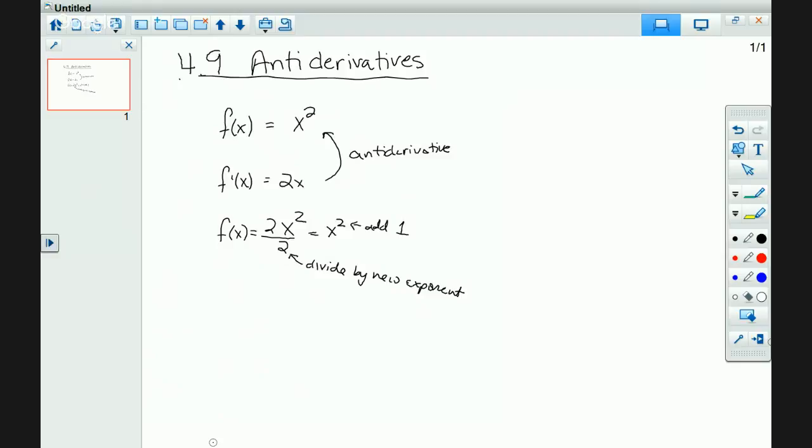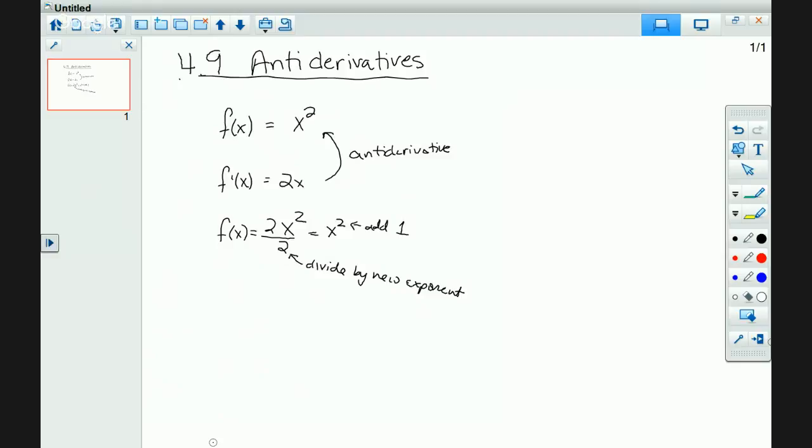So we should get the answer back, right? This is just to take you from f prime to f. Could you do that with f double prime to f? Yeah, it's an antiderivative. So wherever you are, you're going in that direction.